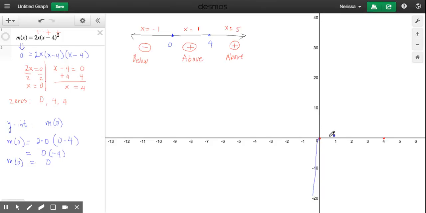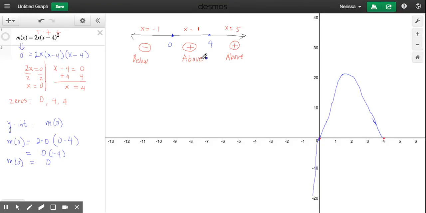Then on the right side of 0, the graph is above the x-axis. So therefore, at this point, the graph will cross the x-axis, go to the positive territory. It will reach highest point and then come back down to touch x equals 4.